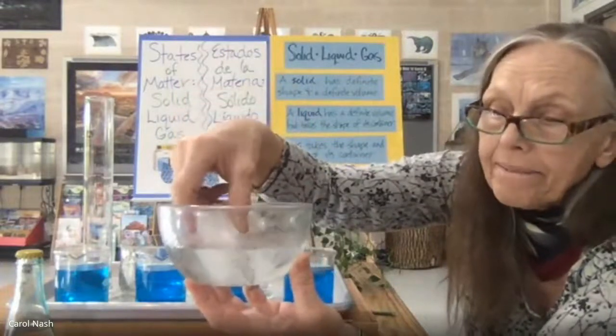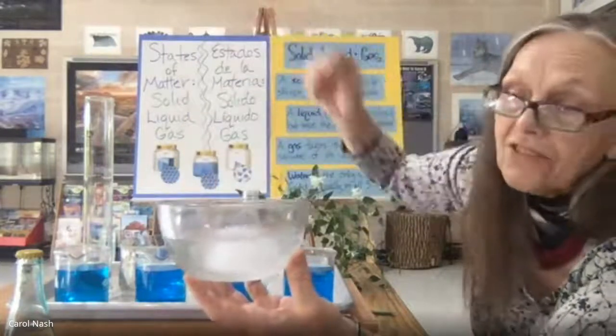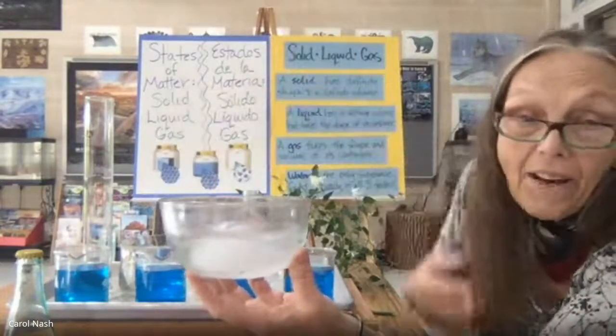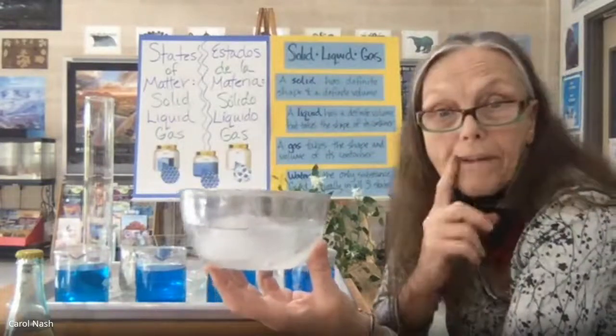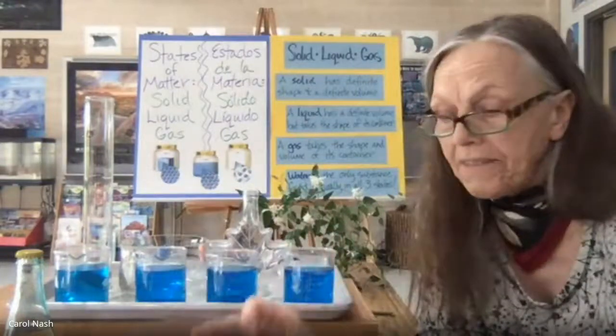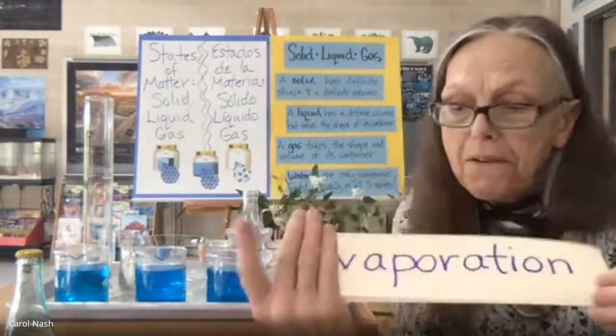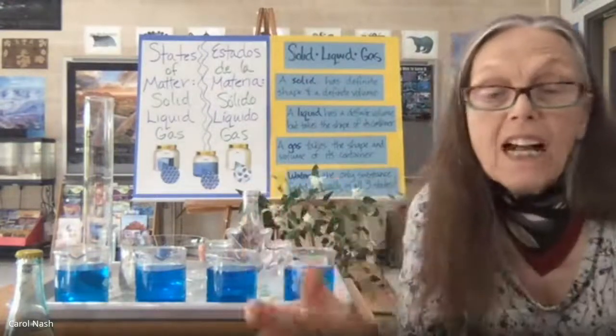And then that water can become a gas. If I leave the bowl out for a week or so, maybe the water will be all gone. What happened? It evaporated. So that word evaporation contains a clue. That word vapor, meaning a gas.